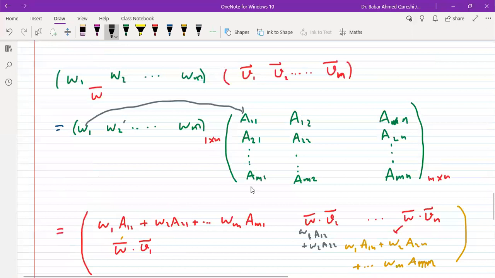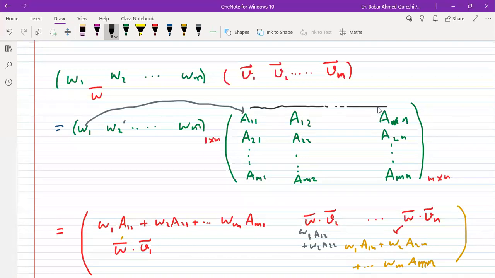I think of this row in this matrix, and I'm multiplying this row by a W1, by just a number. So I'll get back the row with W1A11, W1A12, all the way I get W1A1N.